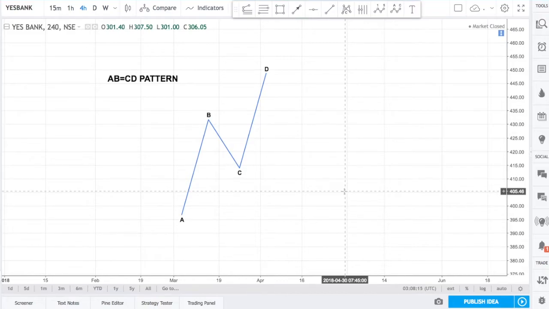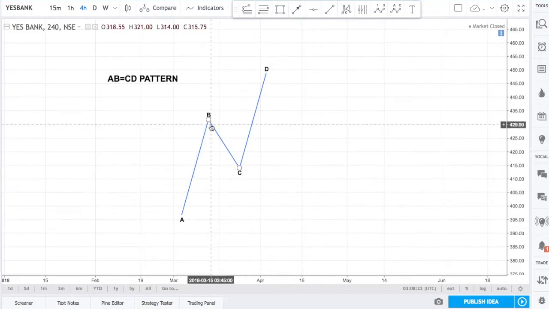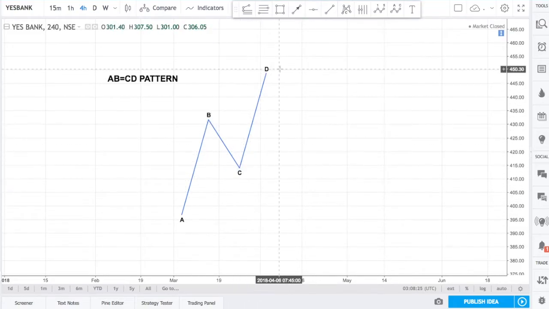So now you know how an ABCD pattern looks like and the psychology behind the AB, BC, and CD move. Next, let's understand why an ABCD pattern must be given respect, or why ABCD should be regarded as a reliable pattern.